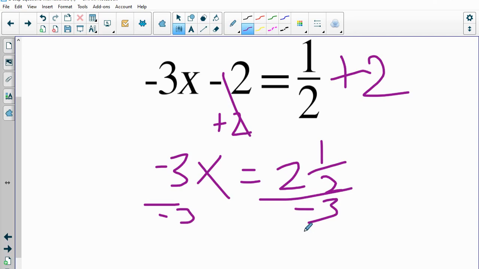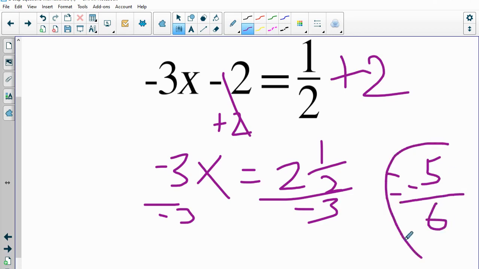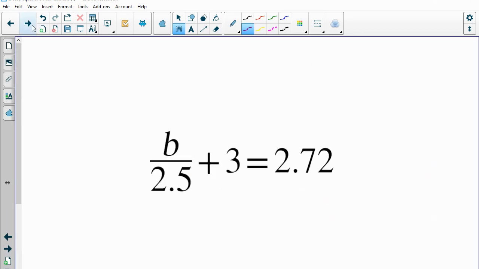I'm going to put 2 fraction key 1 fraction key 2 divided by negative 3 equals, oh my goodness, that just ends up being negative 5/6. Hey, that's pretty easy to do, isn't it? So the numbers are a little different, but we do them the same way.